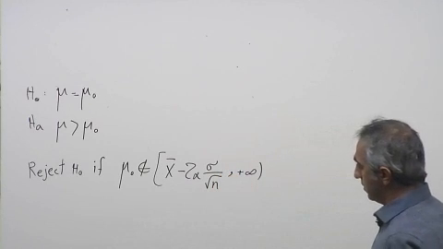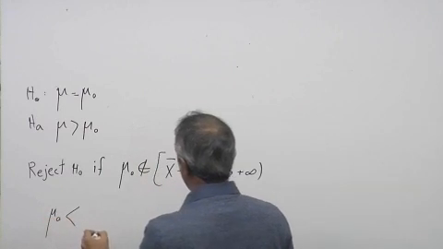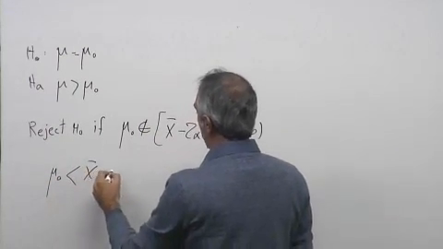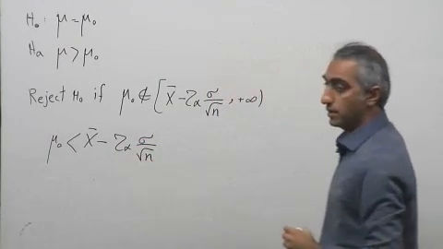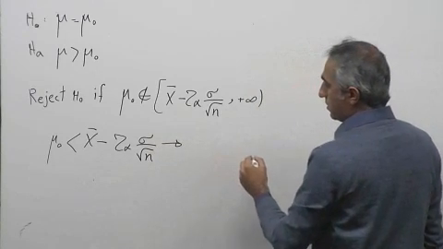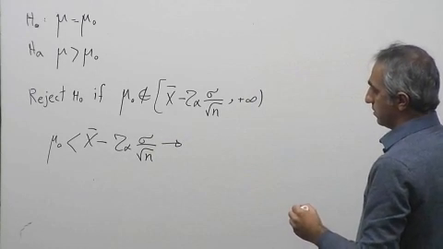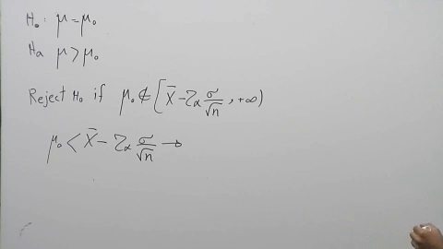What does it mean? It means mu0 is less than X bar minus Z alpha. Is that true? Just want to make sure.